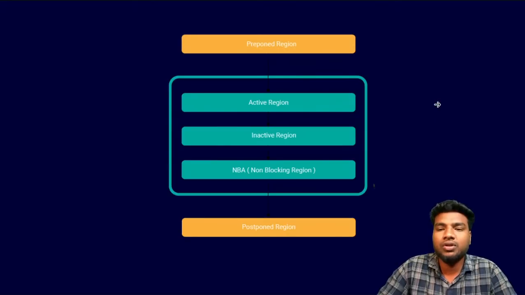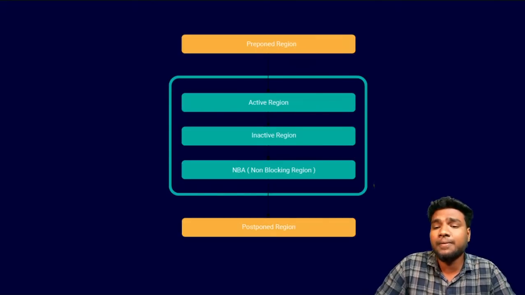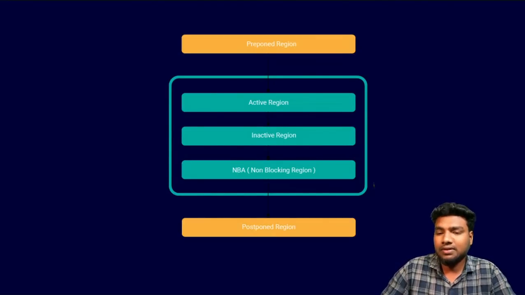Firstly, it will execute the preponed region statements, then the active region statements, then it will move to the inactive region statements, then the NBA region statements, and finally the postponed region statements. Let's see what the functionalities of these regions are and how they work.